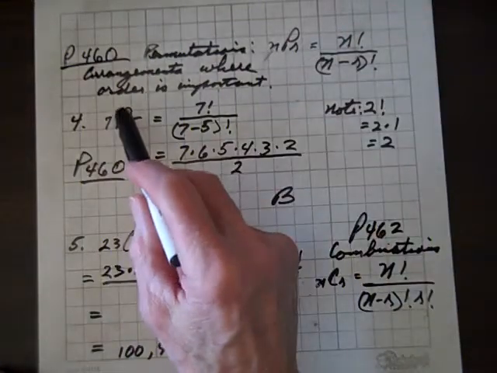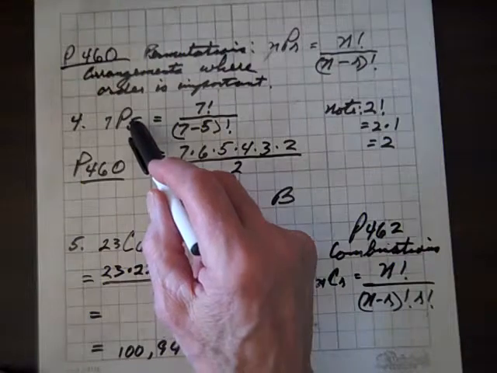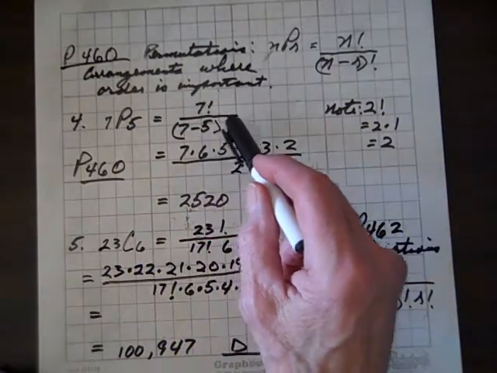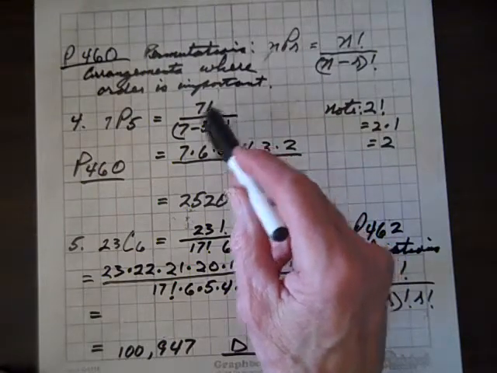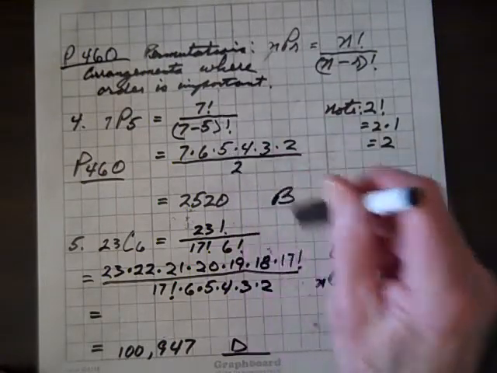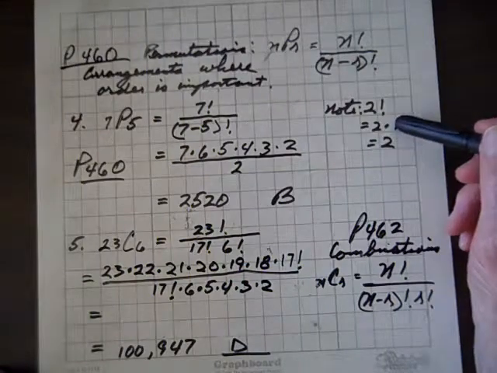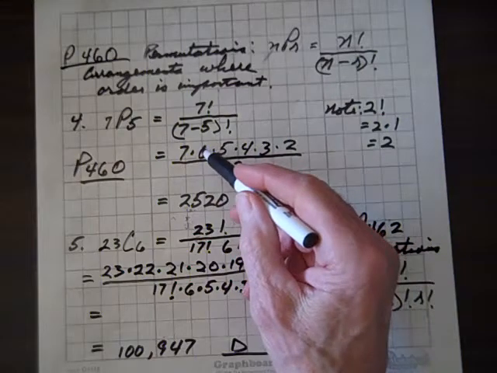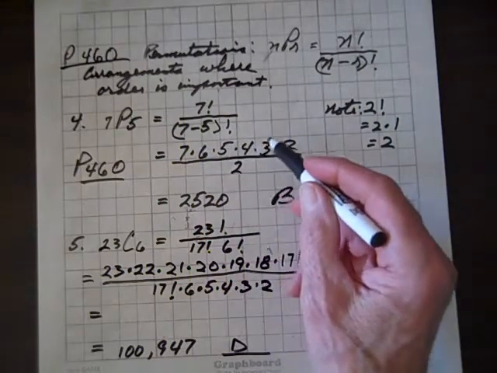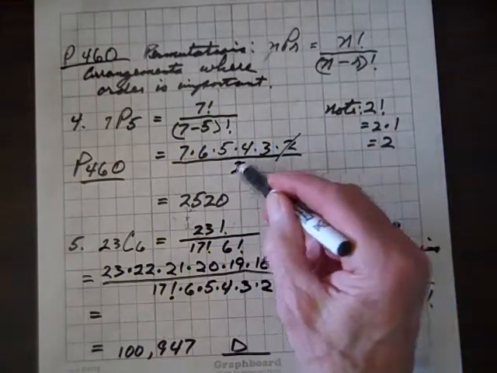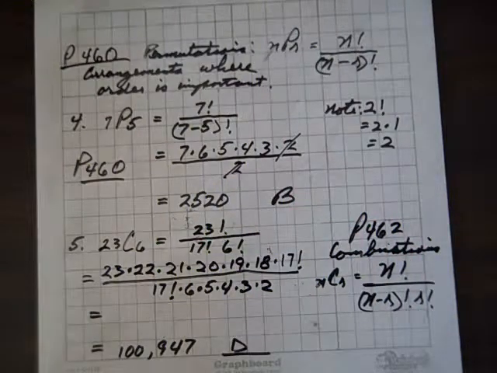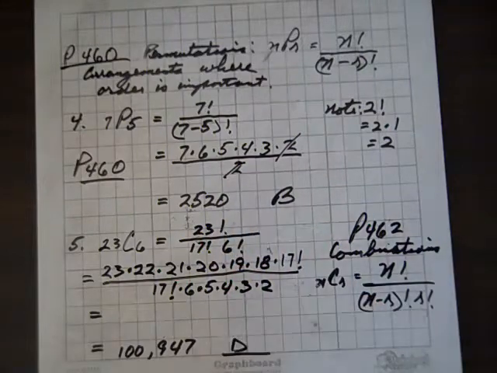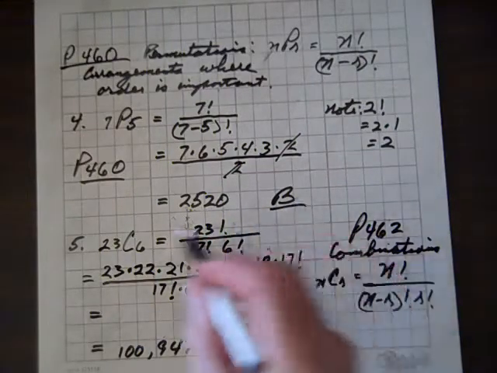So 7P choose 5 is going to be 7 factorial, and 7 minus 5 factorial is 7 minus 5 is 2, and 2 factorial, by the way, is just 2 times 1, which is 2. So we have 7 times 6 times 5 times 4 times 3 times 2, and the 2's divide out, and when we carry out that product, we get 2520, which is selection B, and you'll see that, as I said, on page 460.